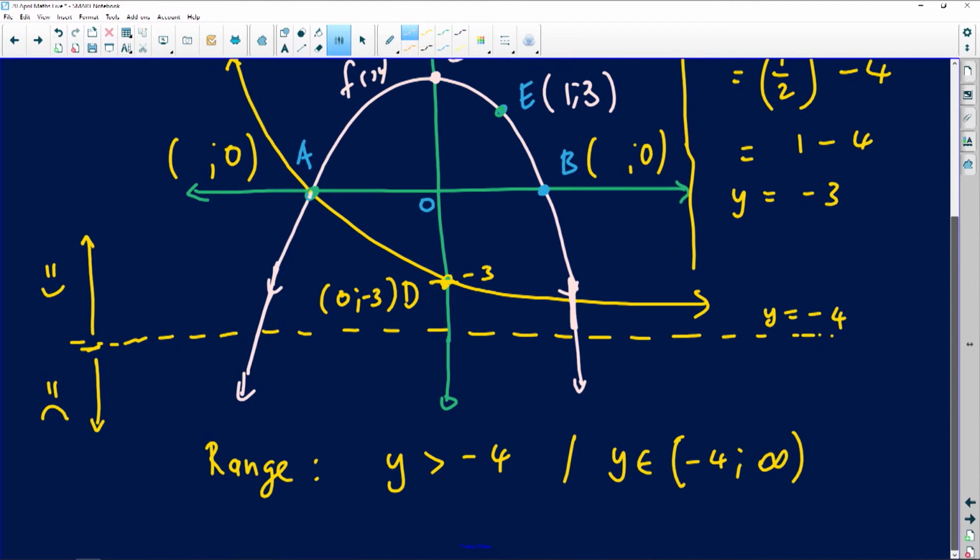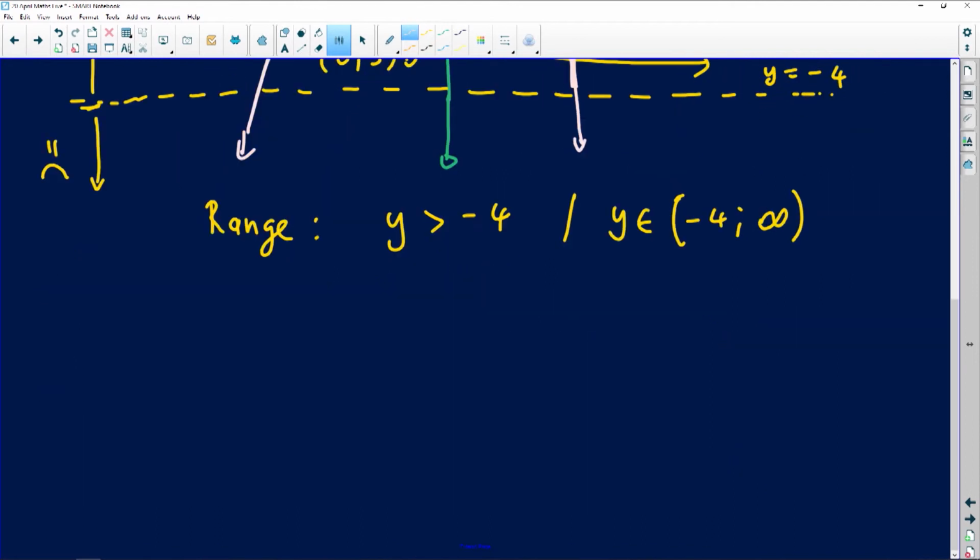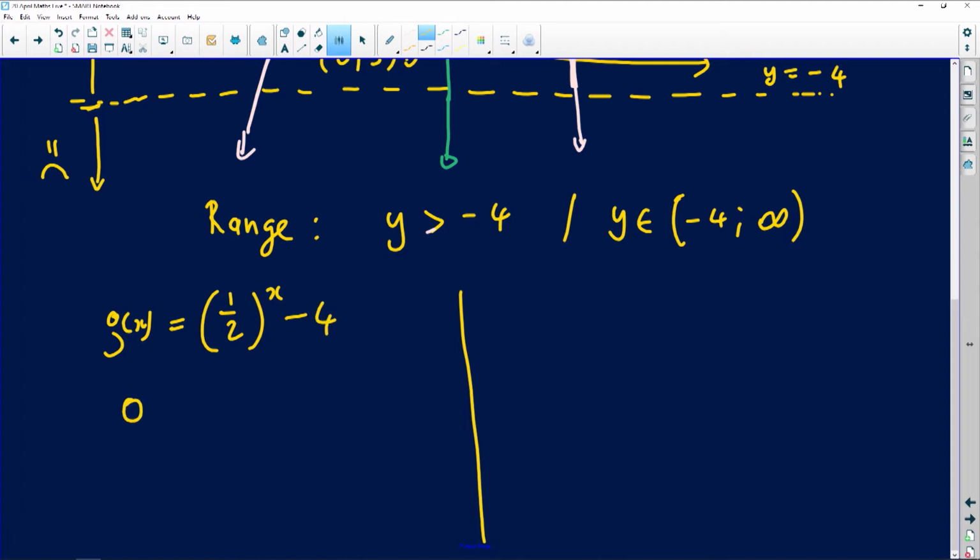Now, this is where your skills of logarithms might also work. We'll do it in two ways, right? The grade 10, 11 style, and then we'll also do it using logos arithmos, which is logarithms. Very powerful. So what I'm going to do, I'm going to say we know that g of x was given to us as half to the power of x minus 4. We're looking for the coordinates of A. We know that g is 0, which is as good as y.